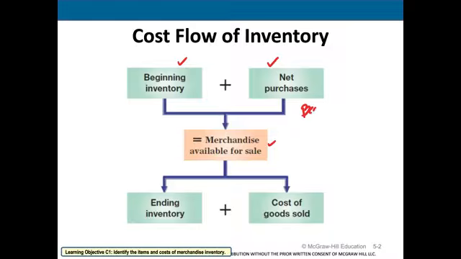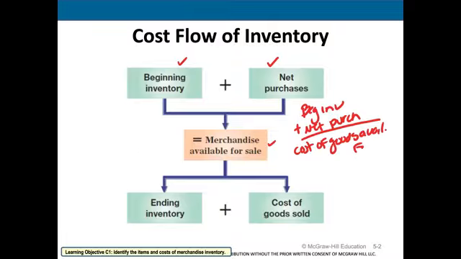So your beginning inventory plus your net purchases gives you a subtotal of cost of goods available for sale, minus your ending inventory gives you your cost of goods sold.